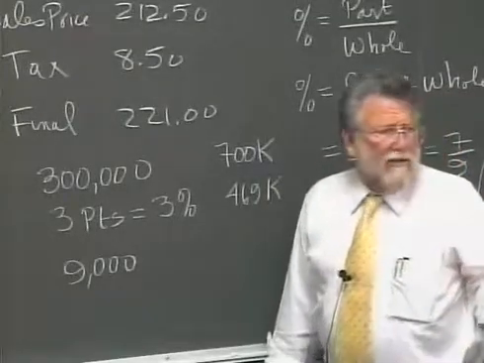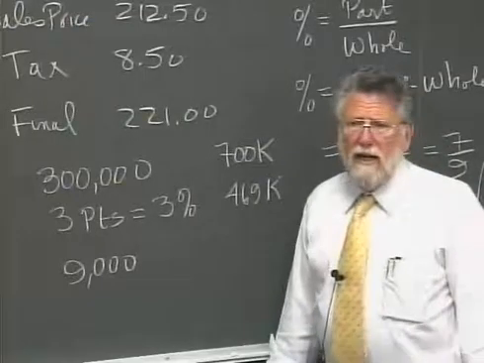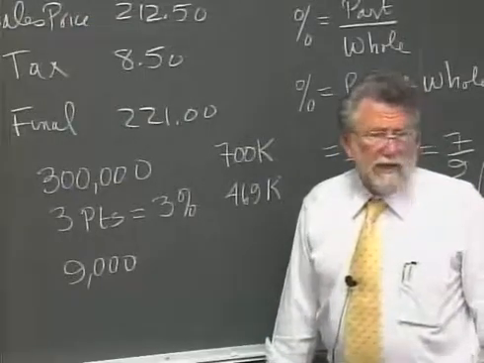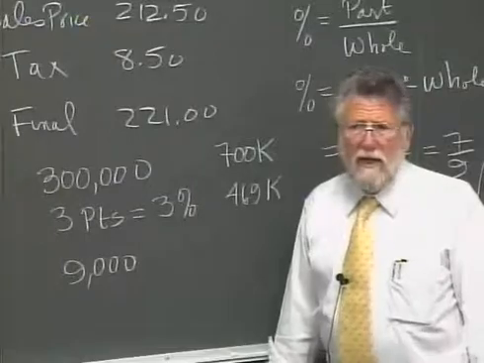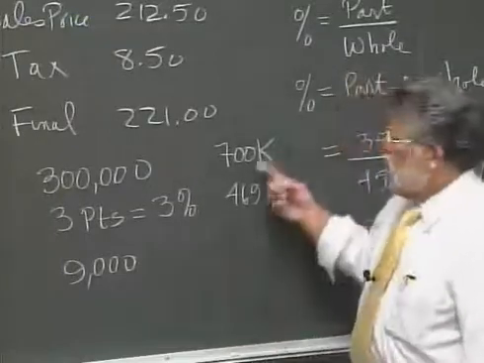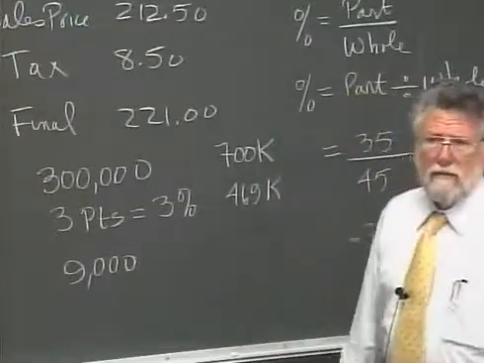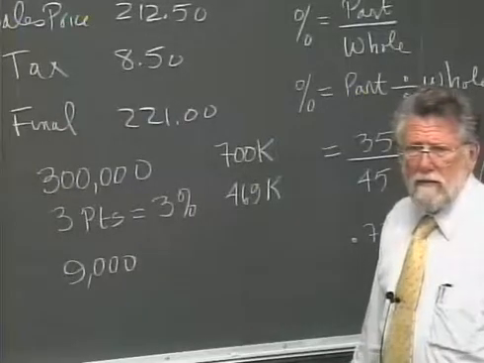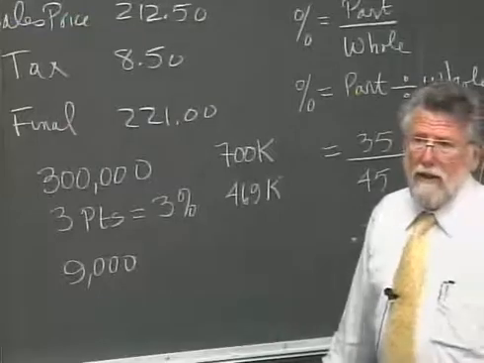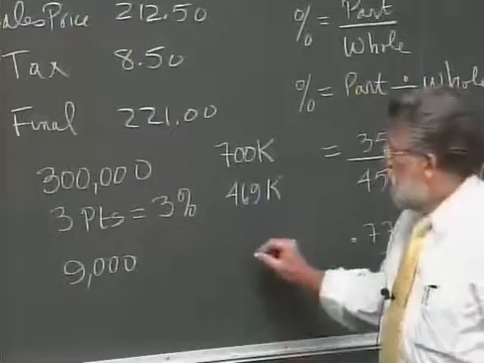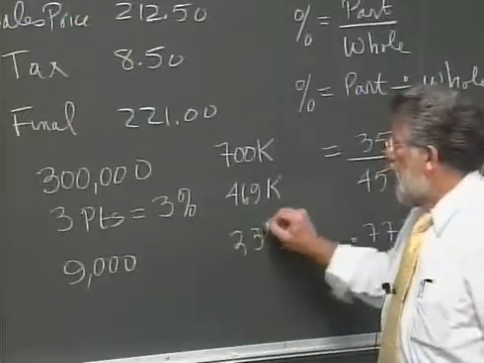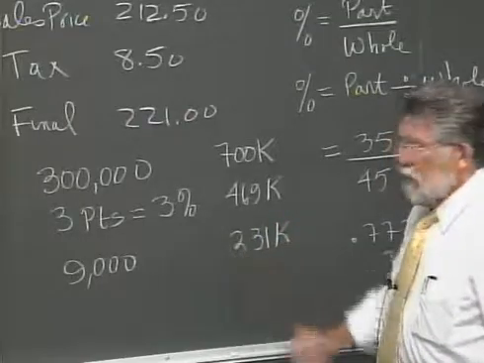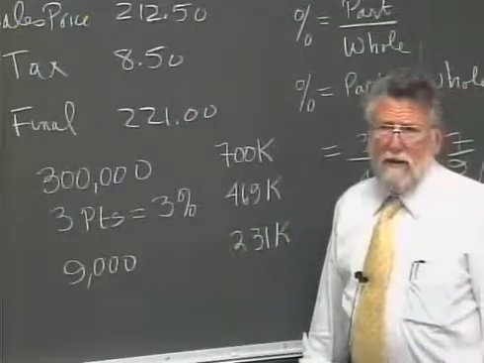Okay, but let's guess that they're about 700,000, and they have them listed at about 469,000. So what is the difference? What is the reduction? How much have they been reduced? Subtract and you get what? That's a big reduction. It's a $231,000 price reduction. That's enough for another whole house.